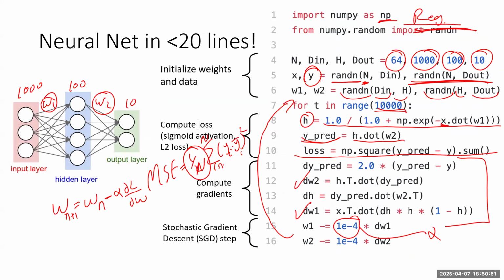We start with the forward pass, then we did the backward pass step by step until we arrived at the derivative of L with respect to W2, the derivative of L with respect to W1, then we apply the gradient descent. So this is the main concept or the main idea of backpropagation.